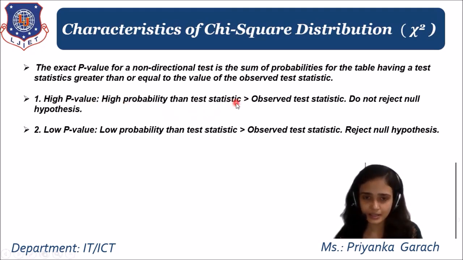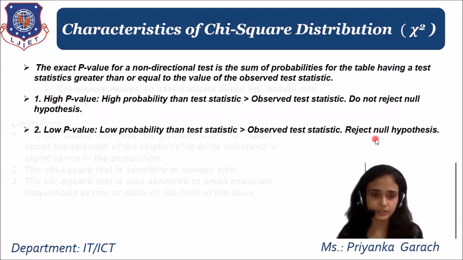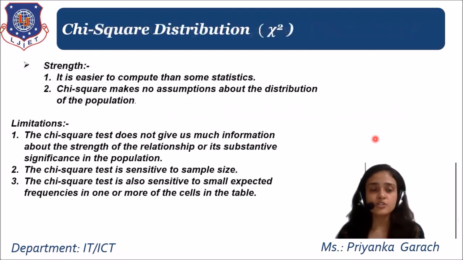So if this test statistic is greater than the observed test statistic, then we should not reject the null hypothesis. For a low p-value, if the value of the test statistic is greater than the observed test statistic, then reject the null hypothesis.